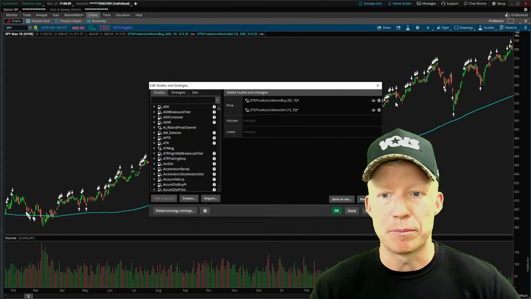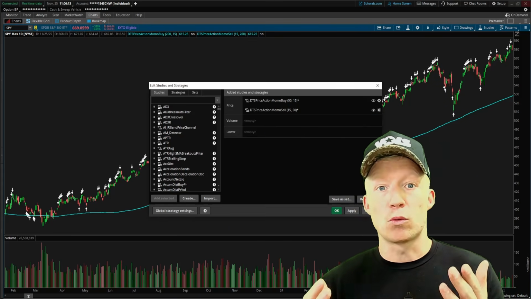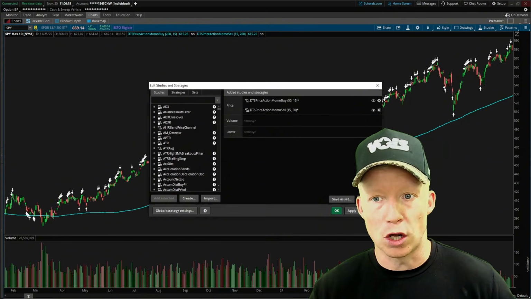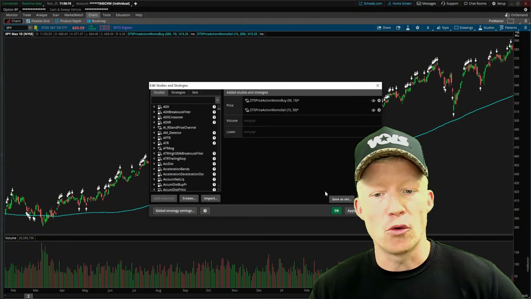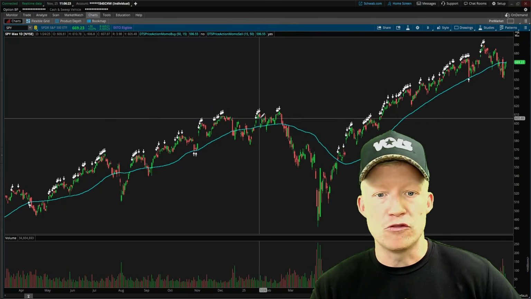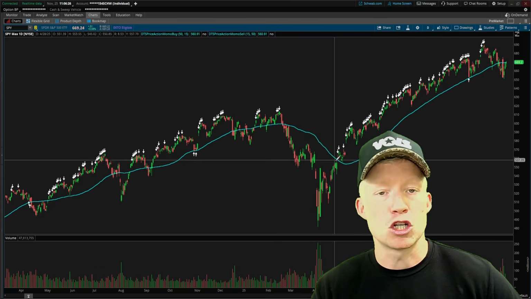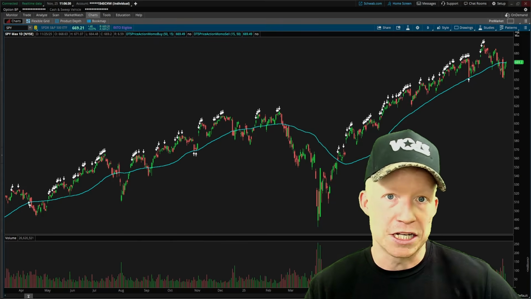I haven't mentioned that yet, but the buy and sell are both separate studies. That way, if you only want to look at one, you only have to turn one on. Like if you only want the sell side help, you can only turn that one on. But if I go in and change the moving average length to 50 on both of them, you'll notice that my moving average is now based off of the average closing price over the last 50 bars, and my arrows from the study adjust accordingly.